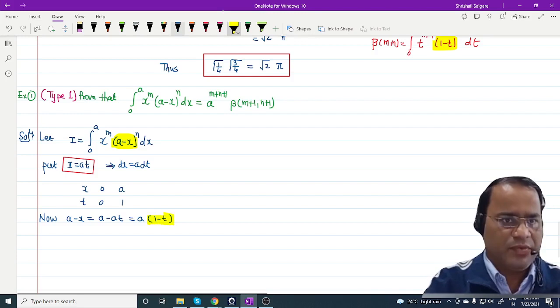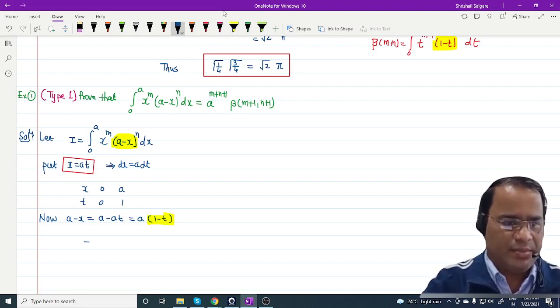Okay. Therefore, the given integral I can be written with new limits from 0 to 1, that we required for the beta. x is nothing but a t raised to m. a minus x is nothing but a into (1 minus t) raised to n. dx is given by a into dt.